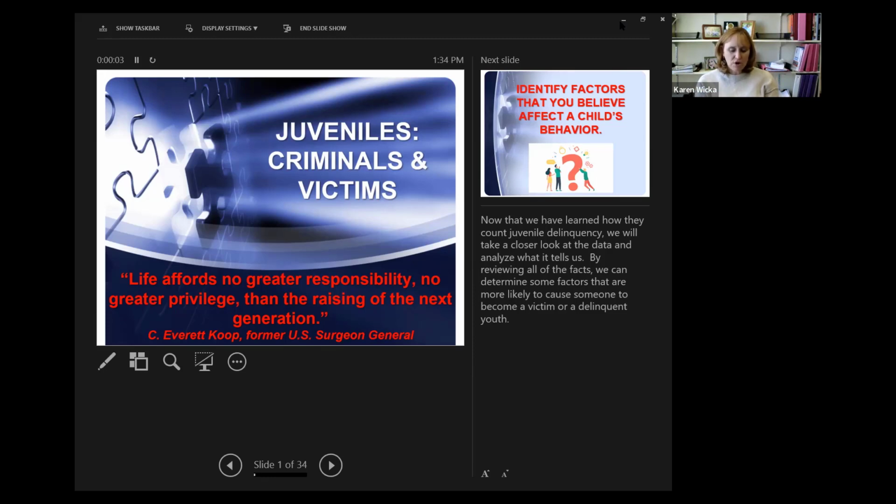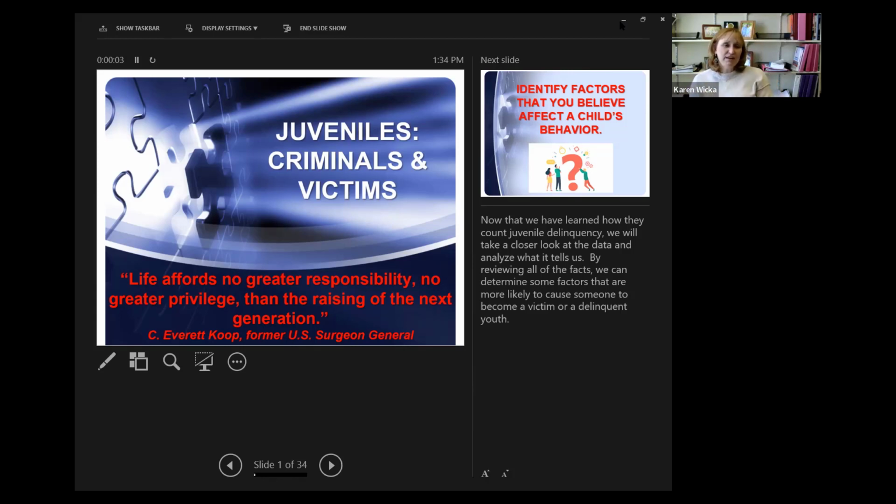And then we know that boys are more likely to become involved in delinquent behavior than girls. Not always, but that is one of the factors. We also know that female delinquency is increasing, and we're going to talk a lot about female delinquency over the next couple of weeks. And then we now know females are starting to commit more property crimes. So it's not always male, but it's one of the factors.